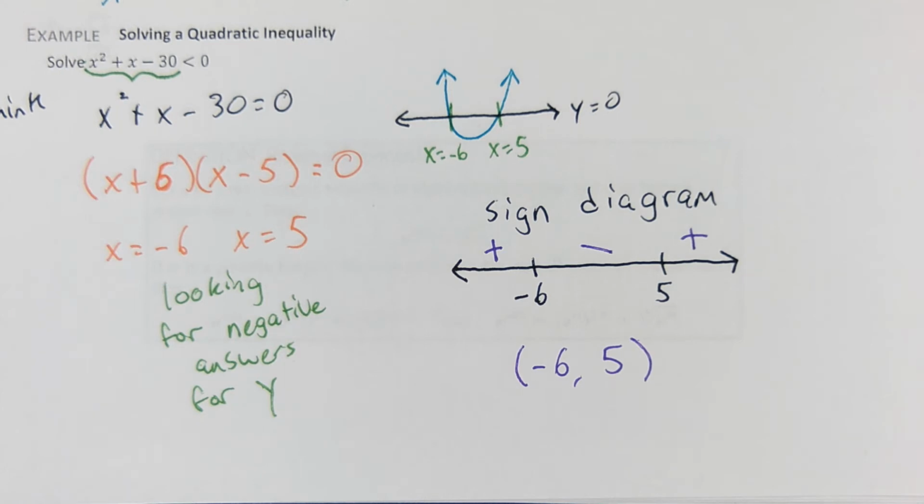And that's why we got rid of the inequality sign and treated it as an equal sign. So you have to do that? Yes. Because if you don't, you're going to get x is less than negative 6 and x is less than 5, which doesn't make any sense because those overlap in a weird way. They both point left. Because numbers to the left of negative 6 don't actually work.